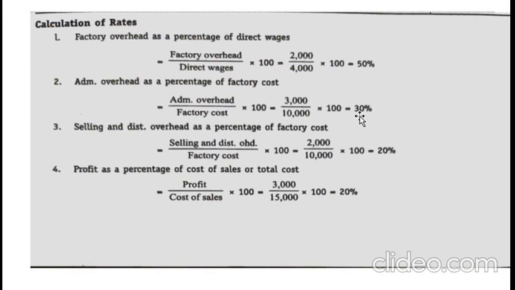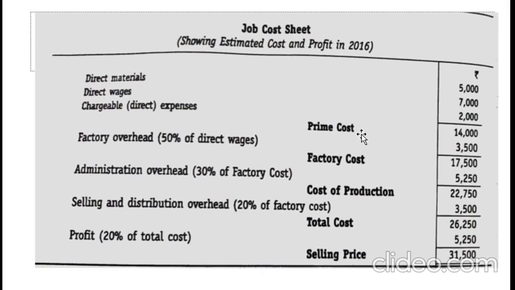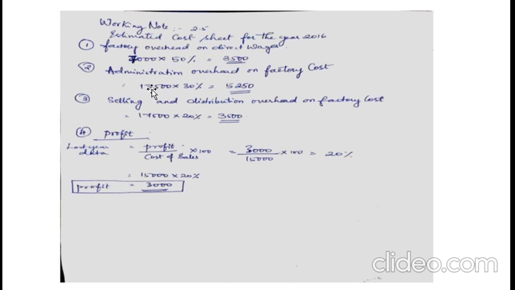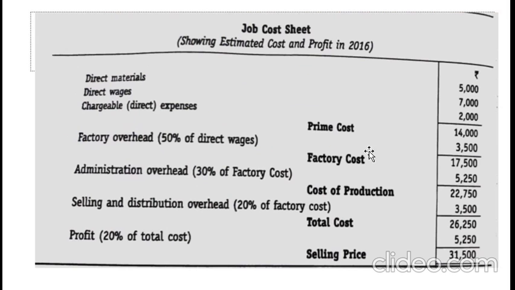This 30% you will be charging on current year's factory cost. What is your current year's factory cost? Which is 17,500. And what is the percentage? 30%. So in your working note, 17,500 into 30%, which you got from that working note, will give you 5,250.